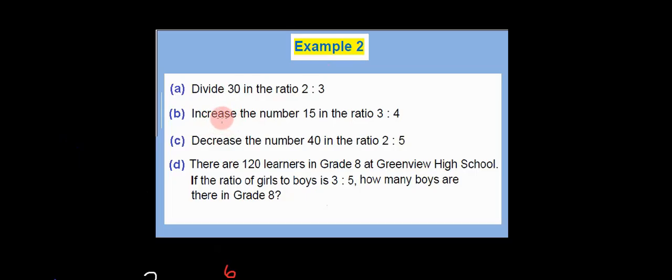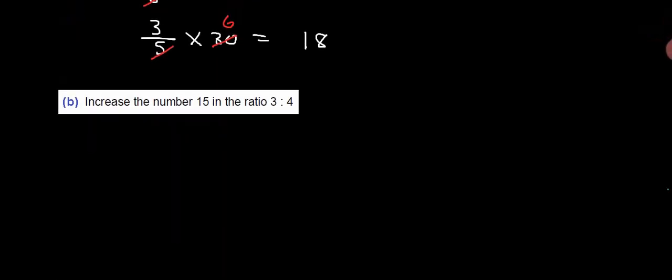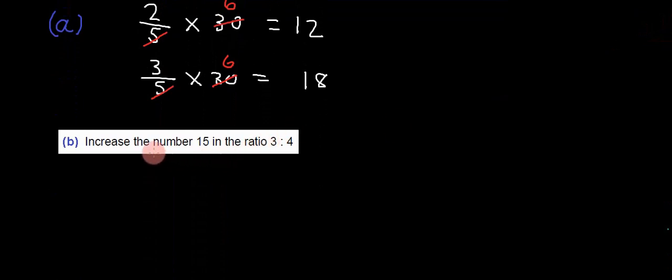Then in B, it says increase the number 15 in the ratio 3:4. We have to increase 15. So what we do here is we take the bigger number of the two, in other words 4, over the smaller number.